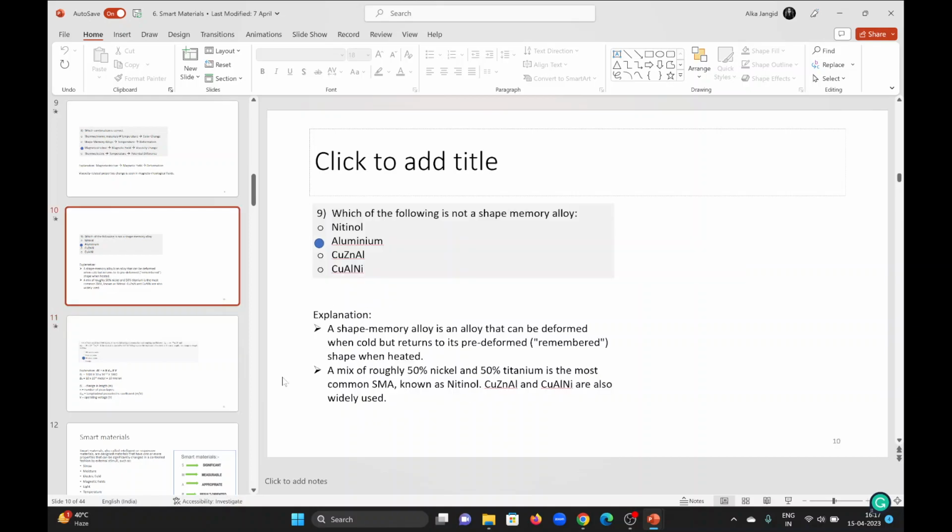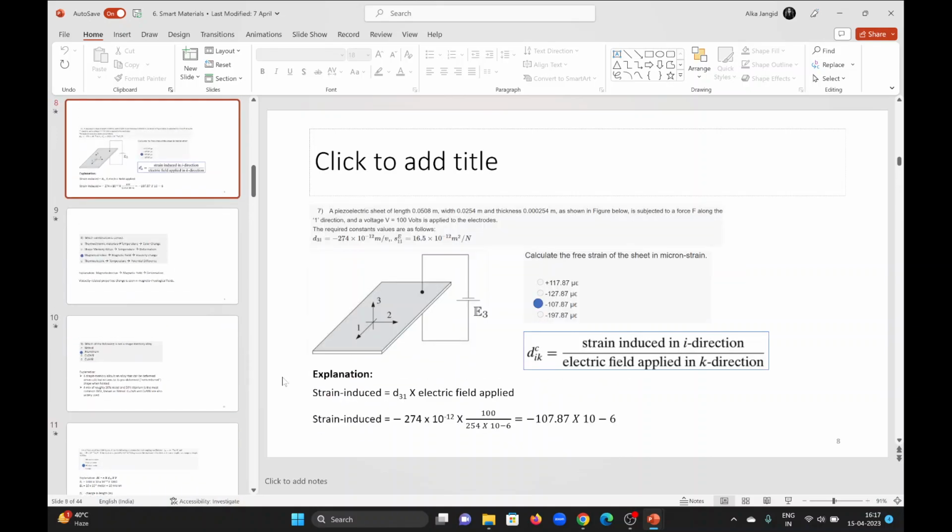Question 7, please explain me. In question 7 also, a piezoelectric sheet, you have given length, width and thickness. The sheet's thickness is along this direction, so you are applying your voltage along this direction, right? As shown in the figure, it is subjected to force along the one direction.